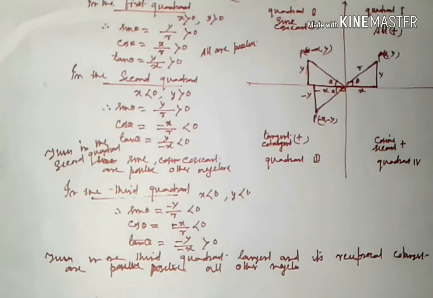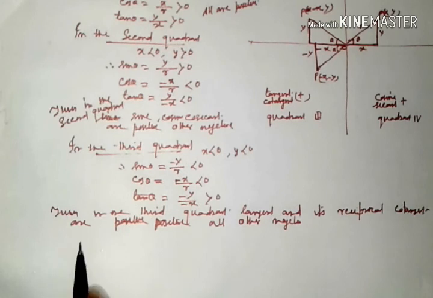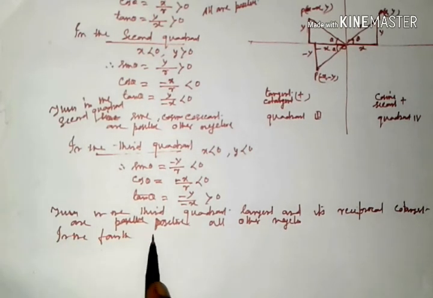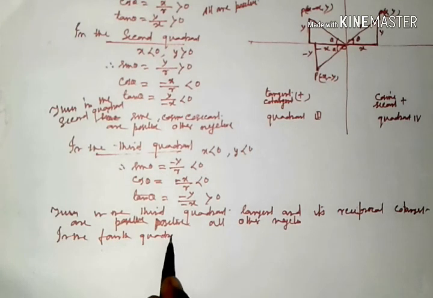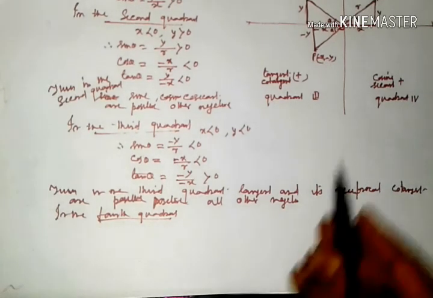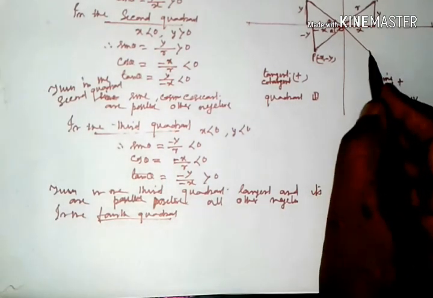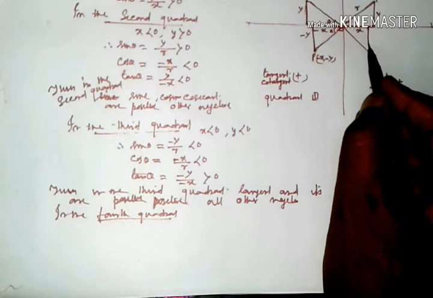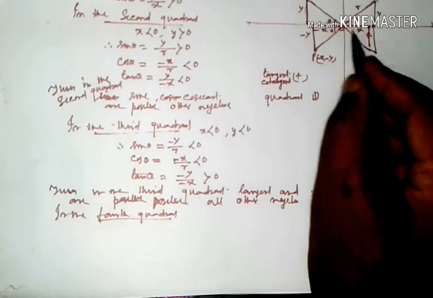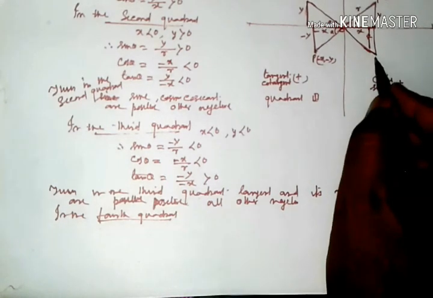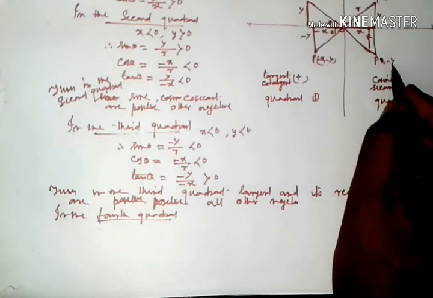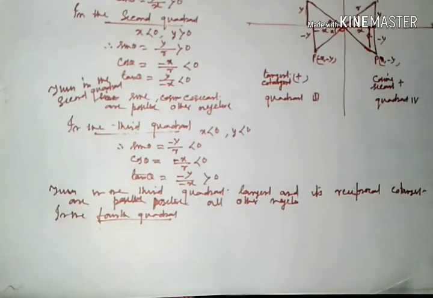In the fourth quadrant, this is the point P, x minus y point, therefore this is minus y.